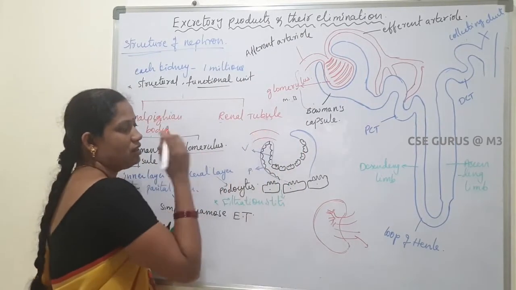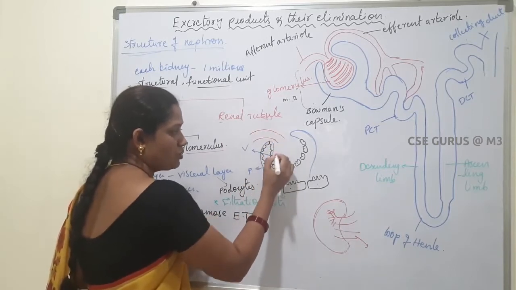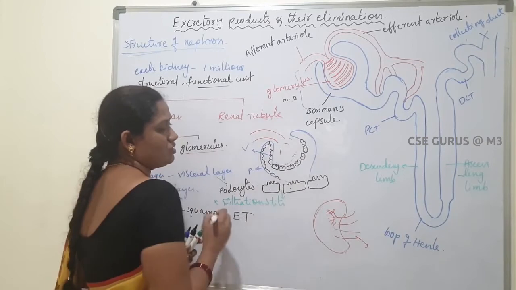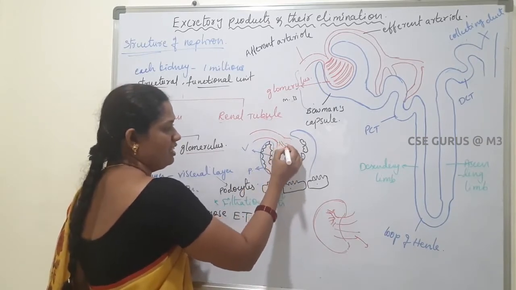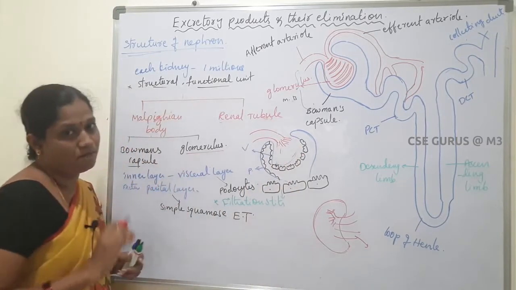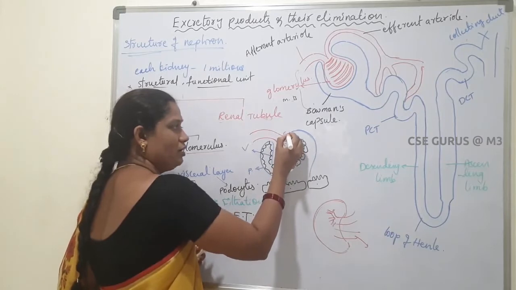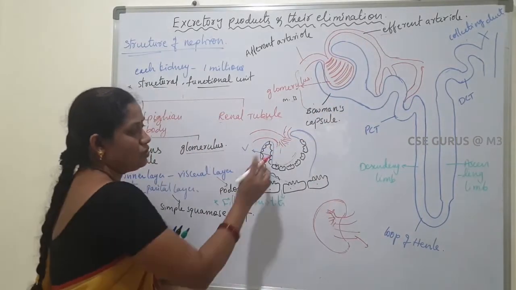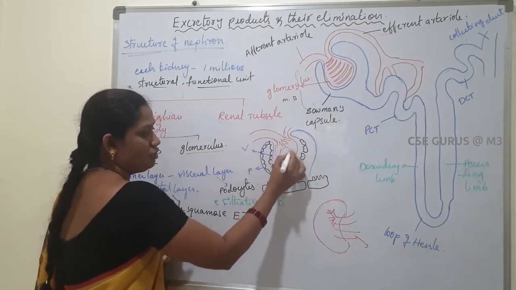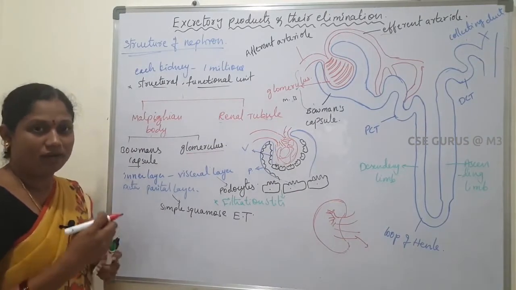When the afferent arteriole enters the Bowman's capsule, this cup-like structure, it divides into many small branches called capillaries.